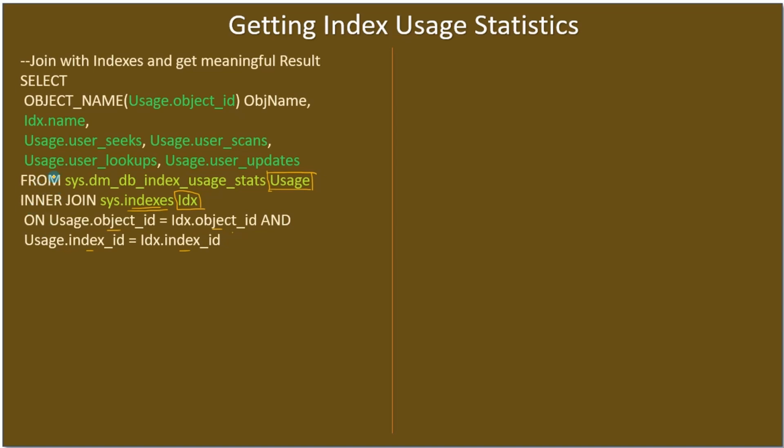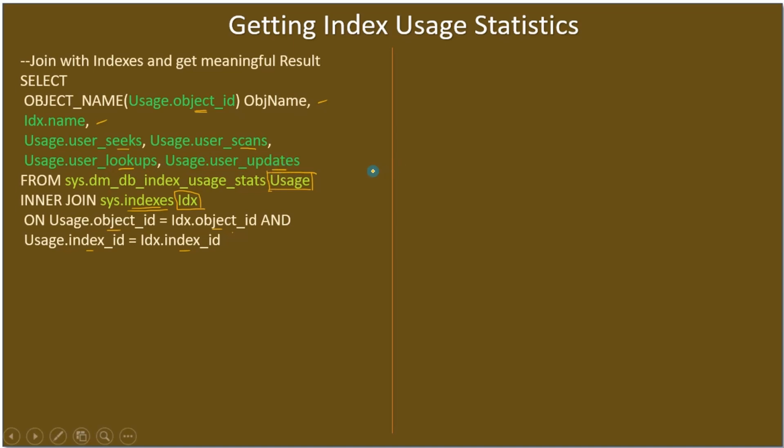After this, in the from clause and the select list, we are getting the object name. Using the object_name function, we pass the ID, and this will tell us the object name, table or view. Then we are getting the index name. Here we use user_seeks, user_scans, user_lookups, user_updates.